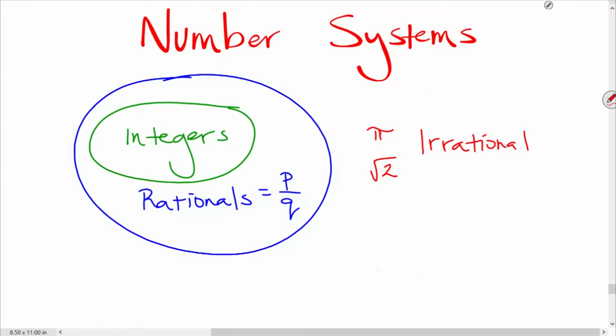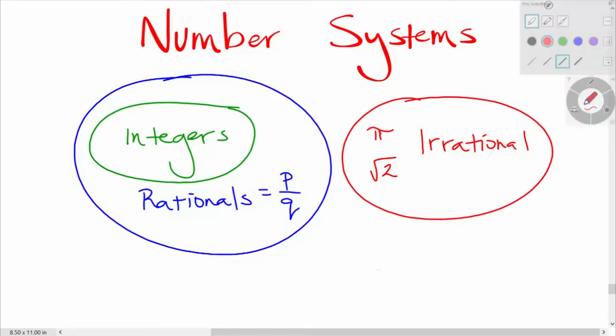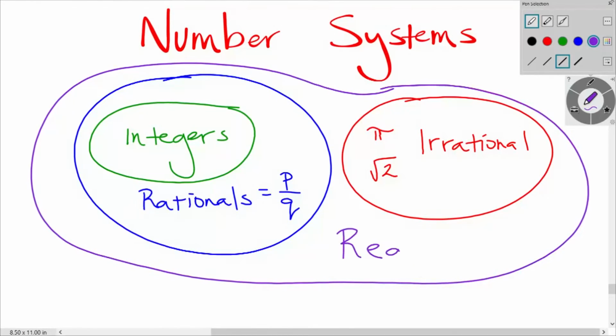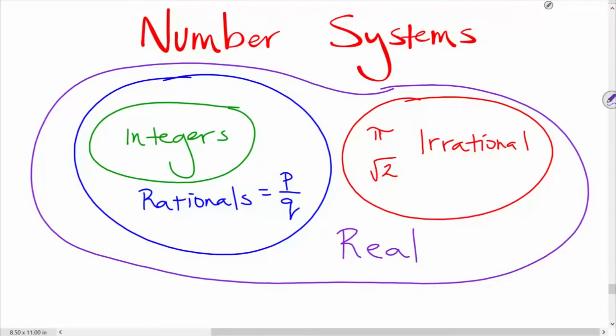Together, the irrational numbers and the rational numbers give us the real numbers. So far, everything you know about numbers has been within this real number system. You learned about integers, about fractions, about irrationals like pi and square root of 2. All the numbers that you're aware of are what are called real numbers.